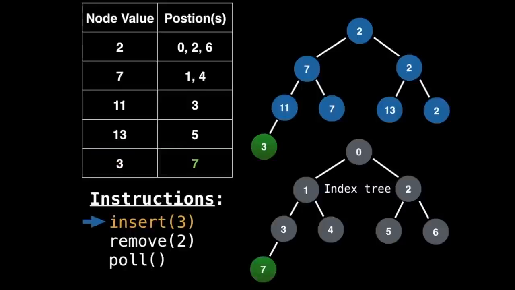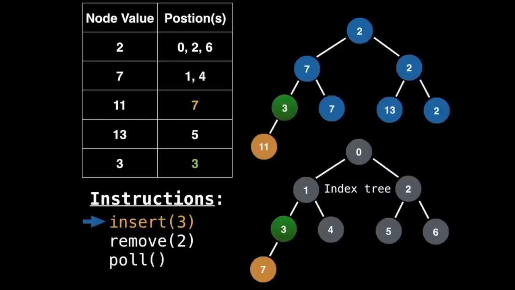Now that 3 has been inserted, we need to make sure the heap invariant is satisfied. Currently it is not. So we bubble up 3. The parent of 3 is 11, which is greater than 3, so we need to swap those two nodes. I've highlighted the 7 in the index tree because it maps to 3 in the heap, and 3 in the index tree because it maps to the value 11.